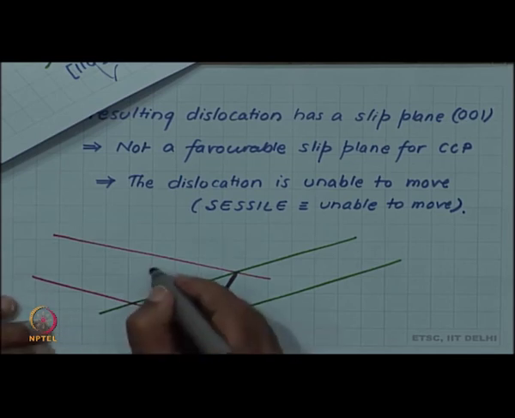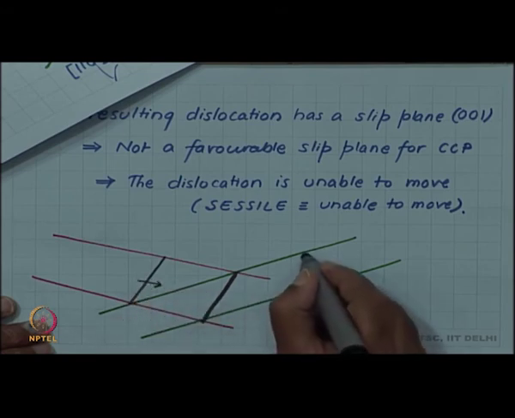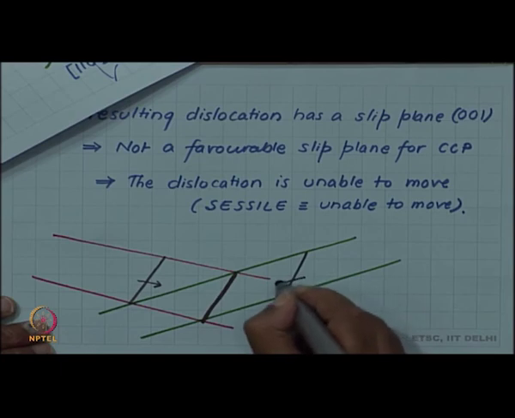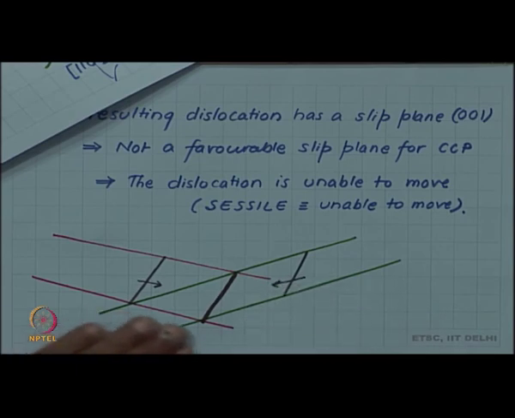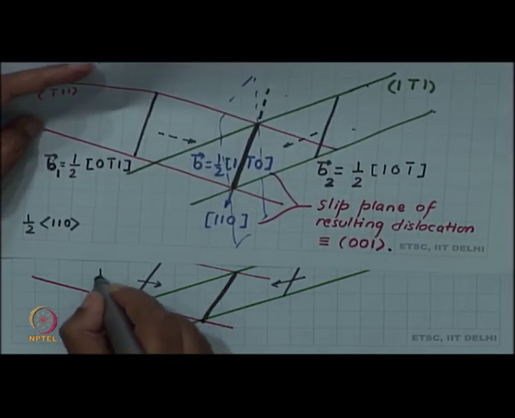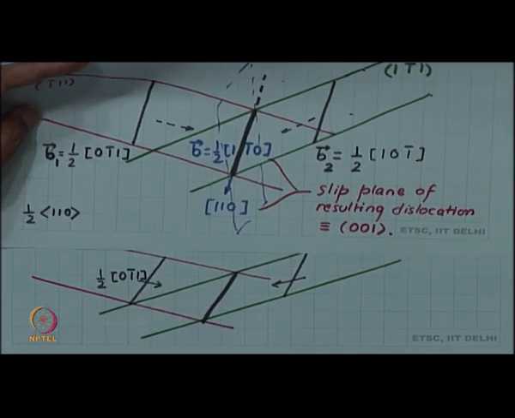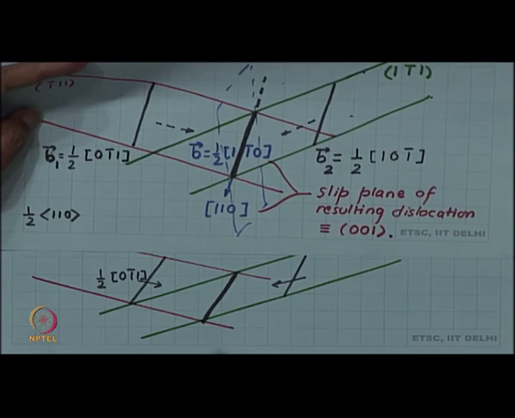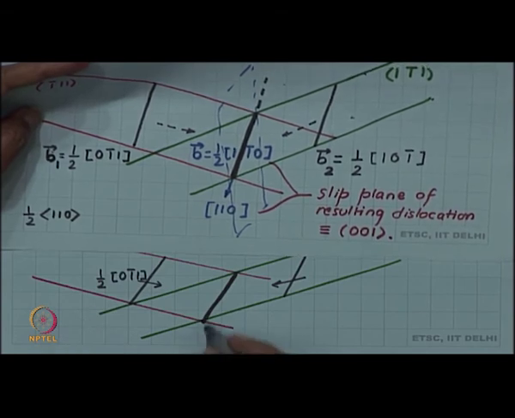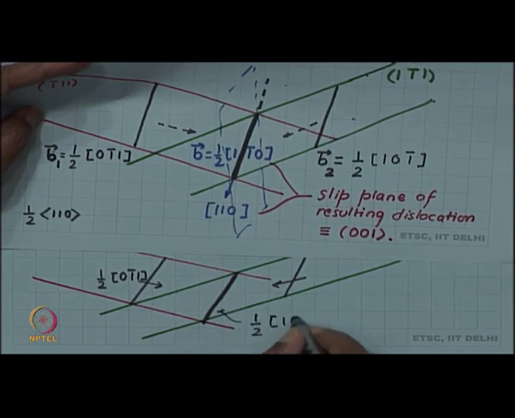Because now other dislocations which will be moving in this direction will be repelled by this sessile dislocation. Because let us consider the next dislocation, again like we had considered here, of half 0 bar 1 1. So, another dislocation with the same Burgers vector, let us say suppose this is moving in this direction, but this dislocation has a Burgers vector half 1 bar 1 0.